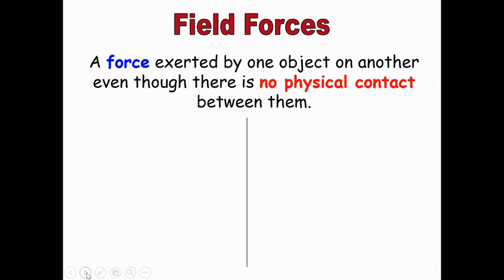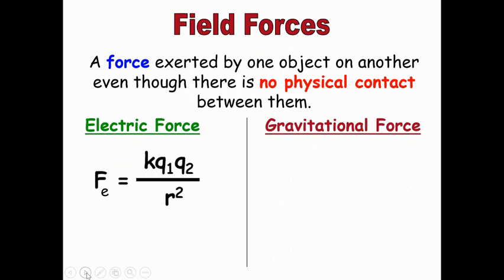We've learned now about electric fields with electrostatics, but previously we learned about another force that requires no direct physical contact, a field force. That would be the force of gravity. To calculate the strength of a gravitational force, we use Newton's universal law of gravitation, where it's equal to G m1 m2 over r squared.